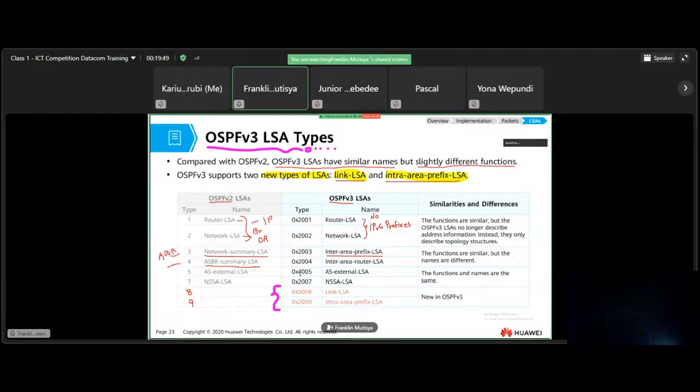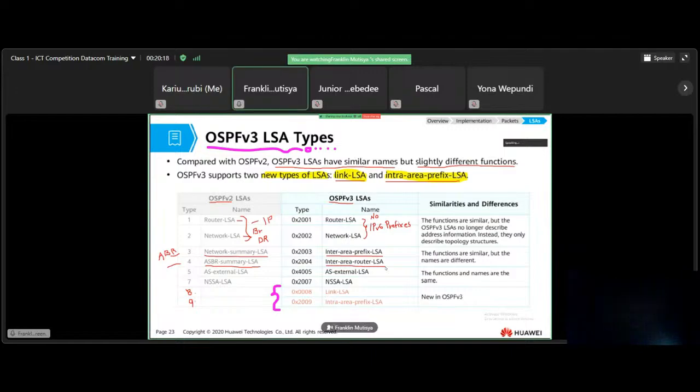It describes the routes to the ASBR, and it is used to inform the backbone area on how to access the ASBR router. In OSPF version 3, we refer to it as the inter-area router LSA. So it is used to point to the ASBR.